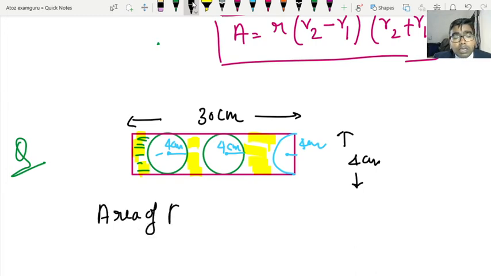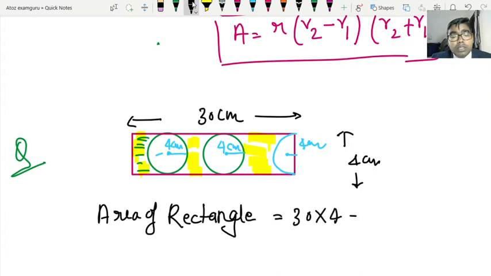The area of the rectangle is 30 into 4 minus the area of these circles.